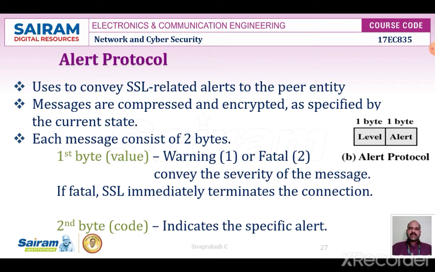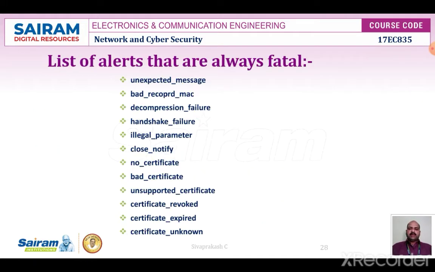Other connections on the same session may continue, but no new connections on this session may be established. The second byte contains a code that indicates the specific alert. We have listed a few of these alerts, so let us see them one by one.